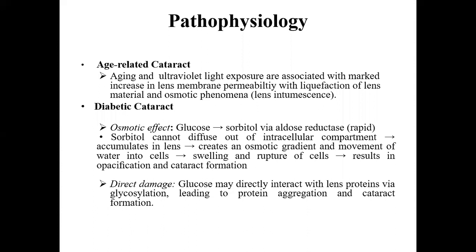In direct damage, the glucose mainly interacts directly with the lens proteins via glycosylation, causing cataract formation, because when the proteins aggregate, they change.